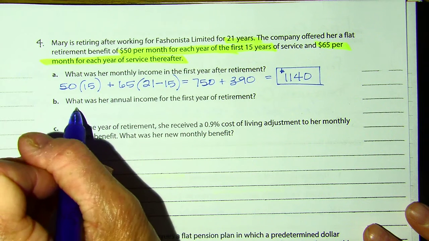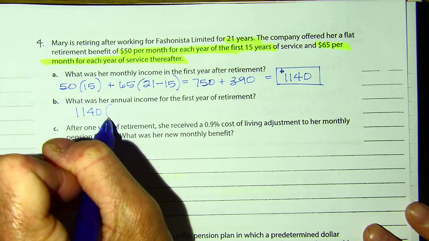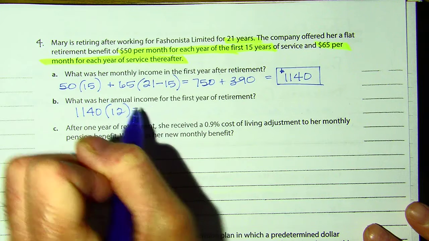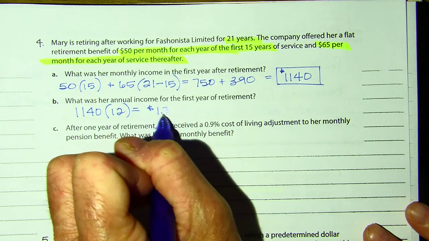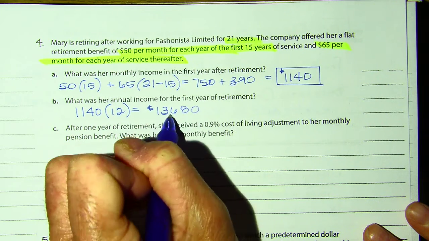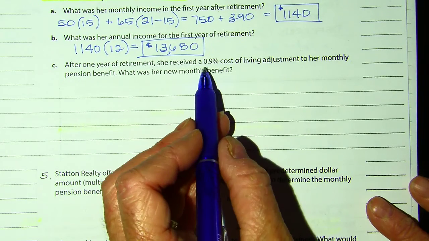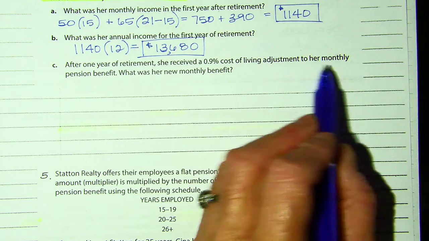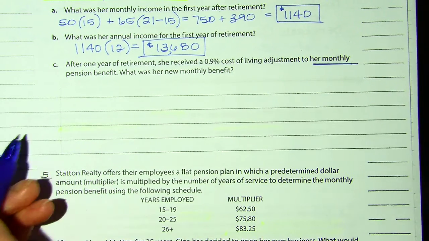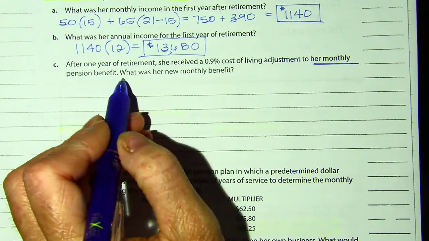What was her annual income for the first year of retirement? Well, that would simply be $1,140 times 12 months. So her first year of retirement, she gets $13,680. After 1 year, she received a 0.9% cost of living adjustment to her monthly pension amount. What is her new monthly benefit?